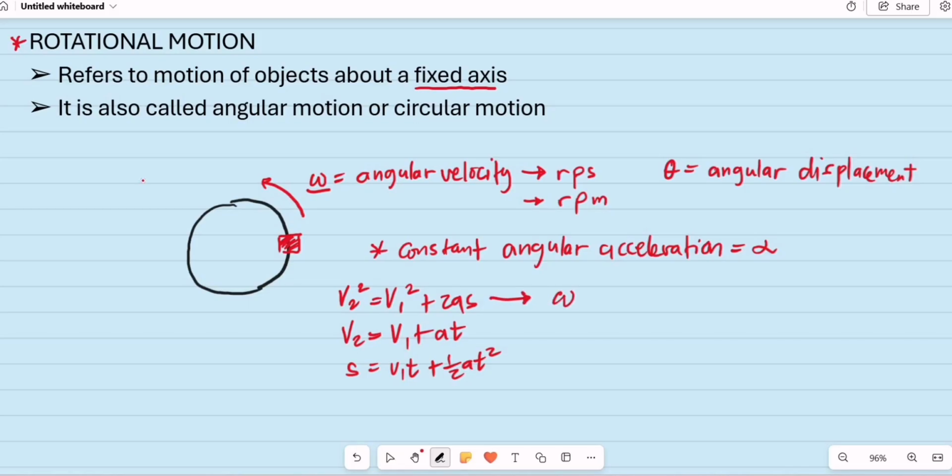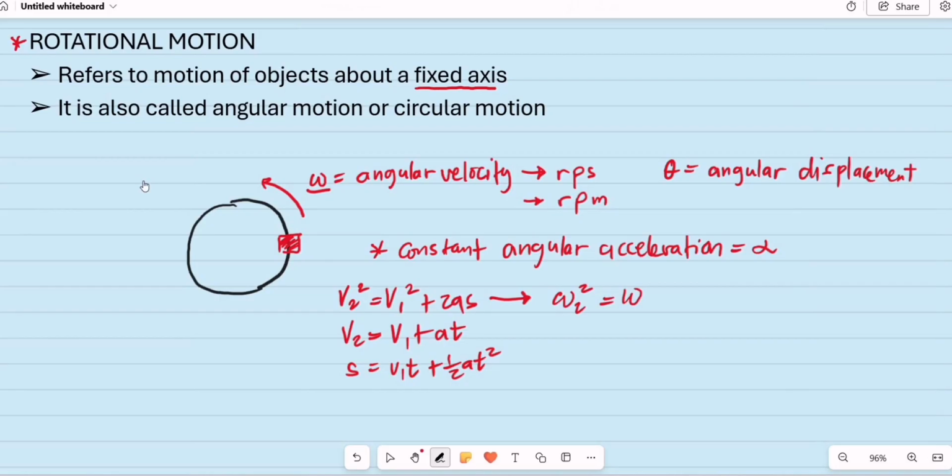We should write the final angular velocity squared, if it is a circular motion, equal to the initial angular velocity squared plus 2 times the angular acceleration times the displacement theta. So this will be the equivalent equation if it is a circular motion.